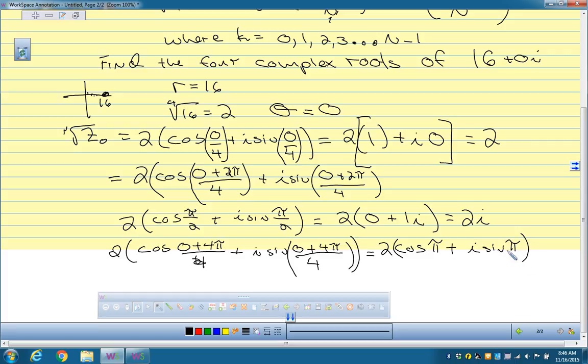Sine of pi is 0, right? So what's the cosine of pi? Negative 1. So you get 2 times negative 1, and this is 0, so you get negative 2. There's your next root.